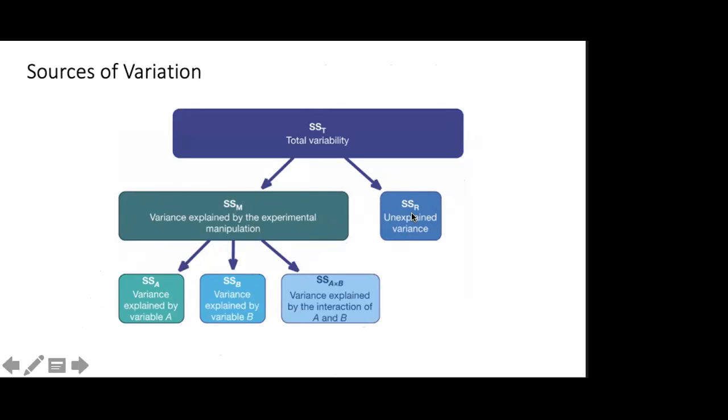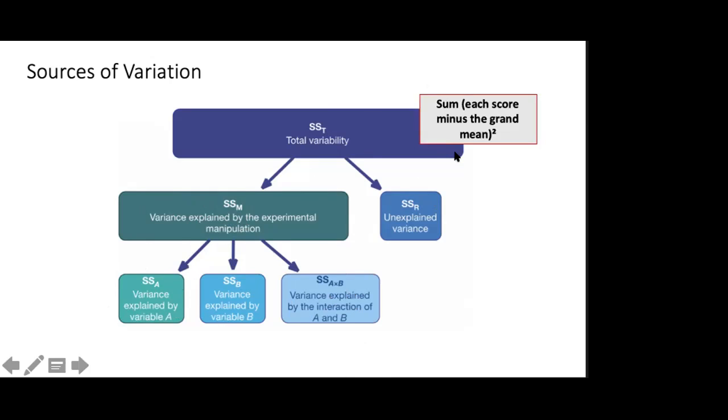Then the residual variability, or error variance, remains unexplained by our model. The difference here is that we are further breaking down the model variance into variability accounted for by the first factor, variability accounted for by the second independent variable, and variability accounted for by the interaction between the first and second independent variable.